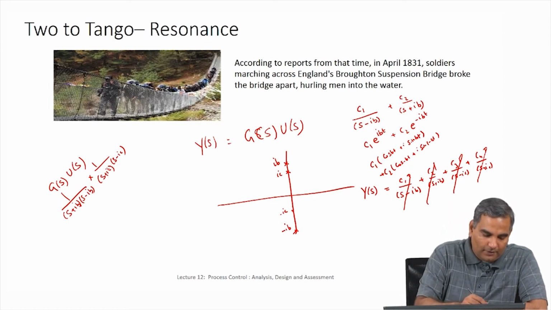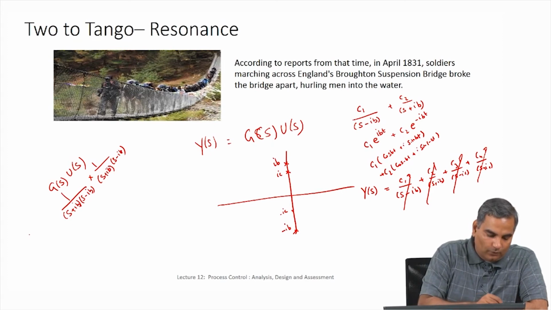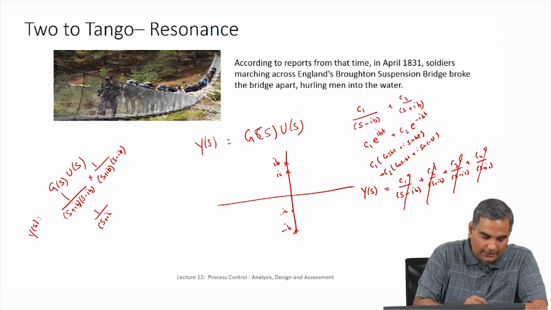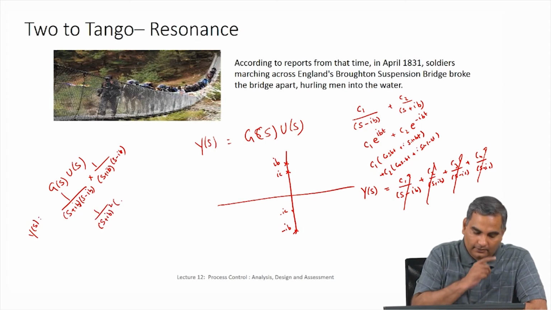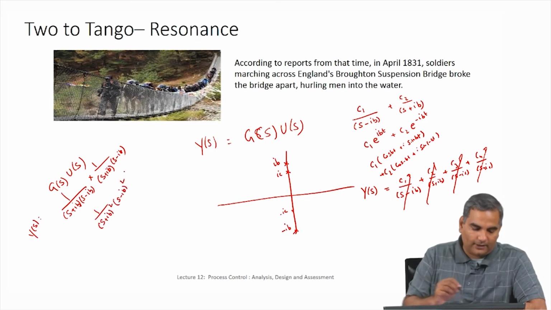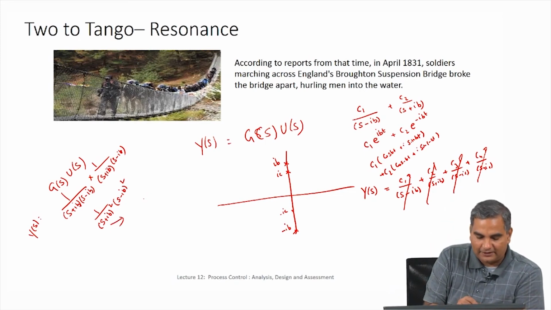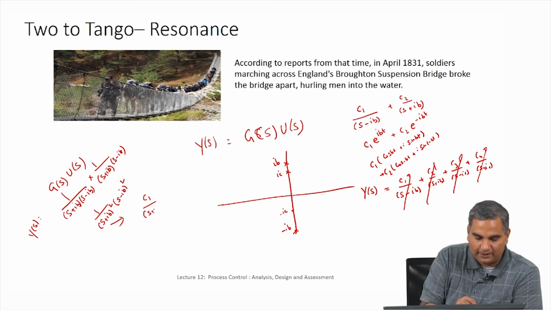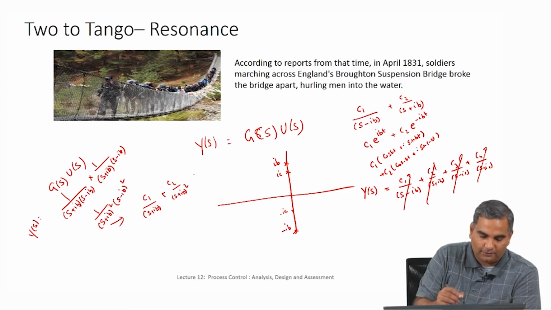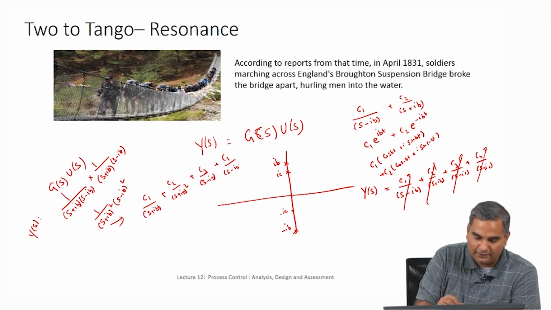If I make this B, then Y(s) now becomes 1 over (s plus iB) squared times (s minus iB) squared. When you expand this in partial fractions, you will have C1 by (s plus iB), C2 by (s plus iB) squared, and corresponding to this, C3 by (s minus iB), C4 by (s minus iB) squared.